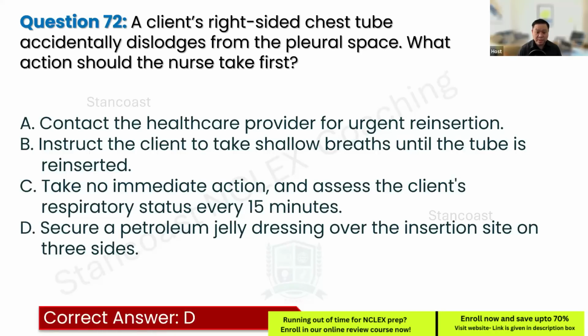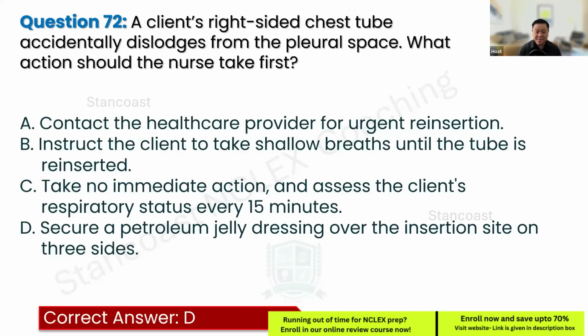Taping a petroleum jelly dressing on the 3 sides will allow air to escape during exhalation and reduces the risk of tension pneumothorax by preventing air from entering the pleural space. If you selected letter A, notifying the provider is necessary but does not address the immediate need to prevent air from re-entering the pleural space.